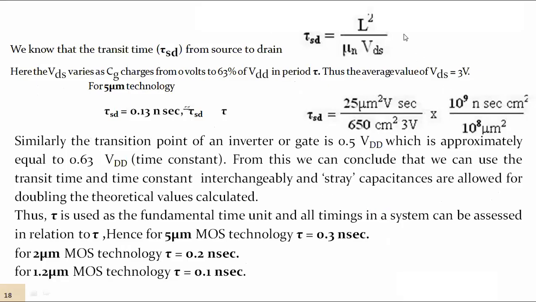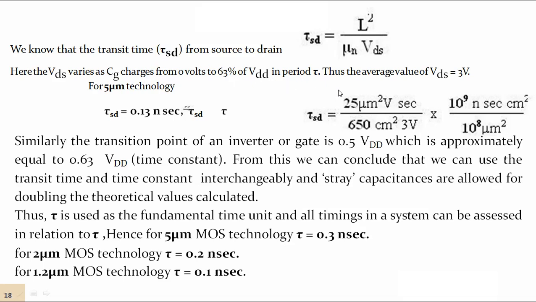Already we know this equation, tau SD equal to L square divided by mu n VDS. The transit time from source to drain is L square divided by mu n into VDS. Here the VDS varies as CG. CG is the gate capacitance, which charges from voltage 0 to 63% of VDD in period tau.